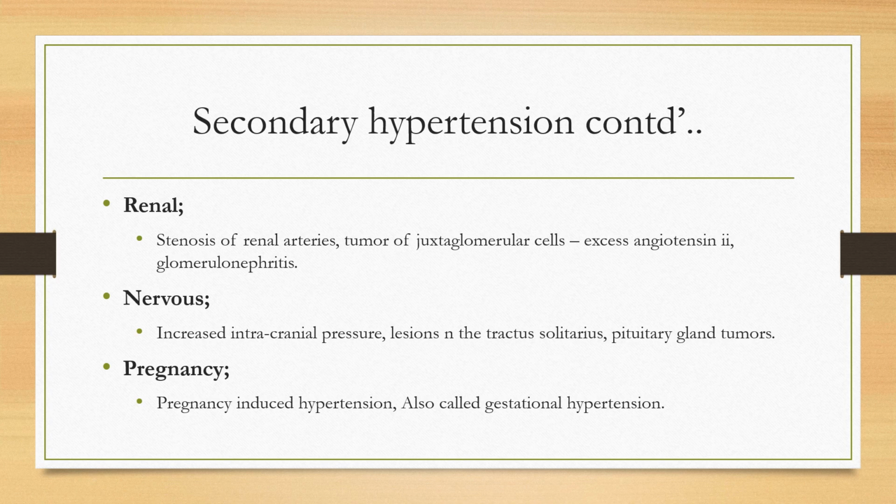In the nervous system, you can have increased intracranial pressure, lesions in the tractus solitarius, which is a control center, so its controlling of vascular abilities will be interfered with. Pituitary gland tumors can lead to secretion of many hormones, including one leading to secretion of cortisol. Still, we can have increased blood pressure in the same way as I said above.